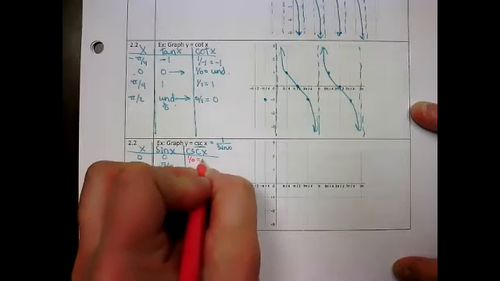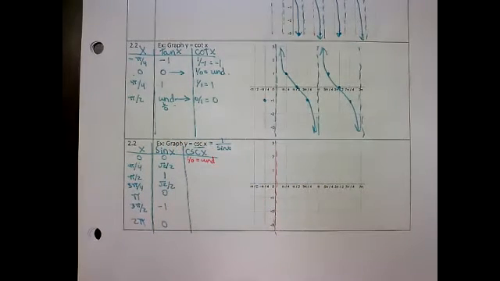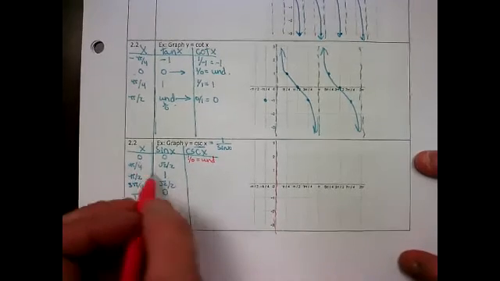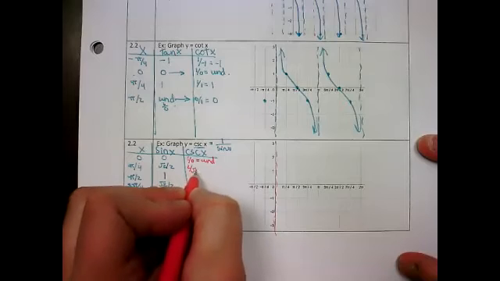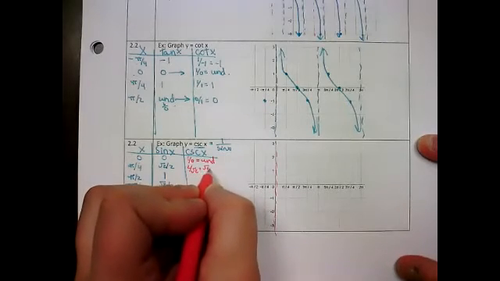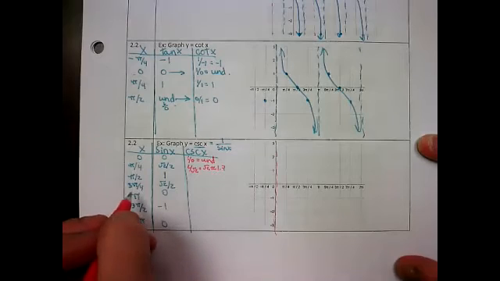So 1 over 0 is undefined, so it looks like we have an asymptote right there. Now let's do root 2 over 2. We're going to flip that. It becomes 2 over root 2, which is really root 2, which is approximately 1.7.